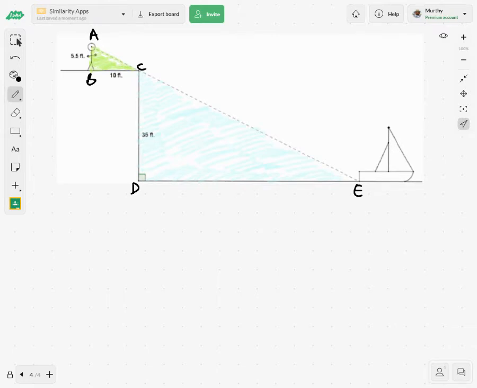Then, first of all, you have to set up a proportionality. If I take a vertical line in the small triangle, then I have to take the vertical line in the big triangle, as simple as that.